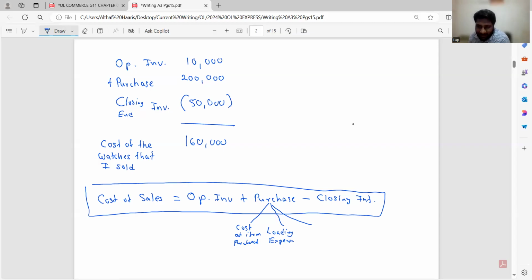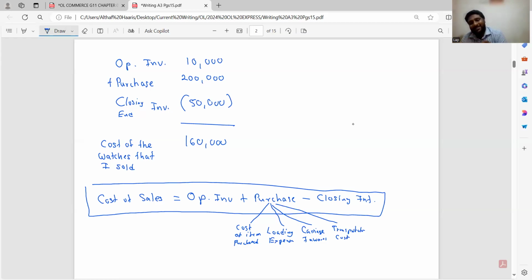What is that expense? That is what we call carriage inwards. Our transportation cost, correct? Transportation cost. So all these things should be considered.